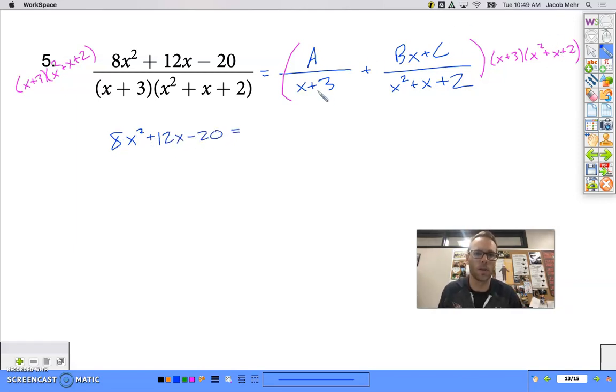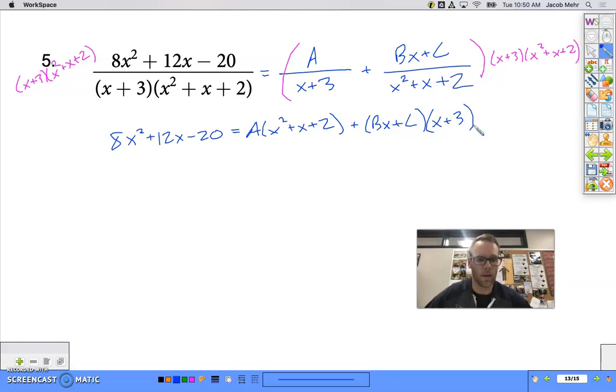On the right, distributing, the x plus 3's cancel, we have a times x squared plus x plus 2 plus, now notice this is bx plus c times, the quadratic terms cancel, x plus 3.